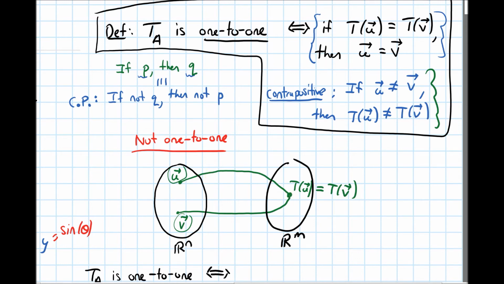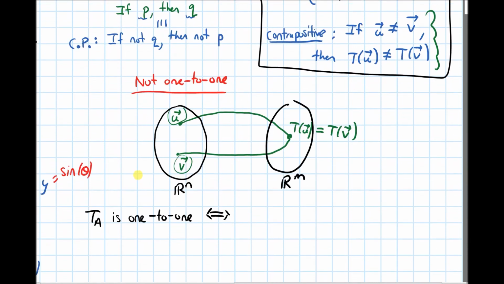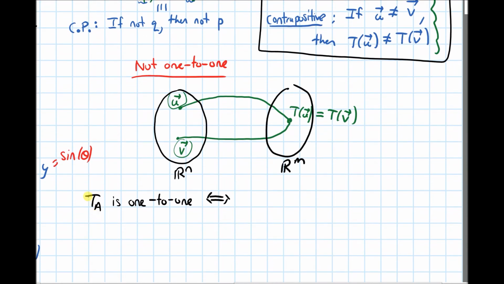Okay. So now, let's try to state a rule to determine if a transformation is one-to-one or not. The first thing I'm going to say is, a transformation is one-to-one if and only if, when the augmented matrix A augmented with B is consistent, there is a unique solution.